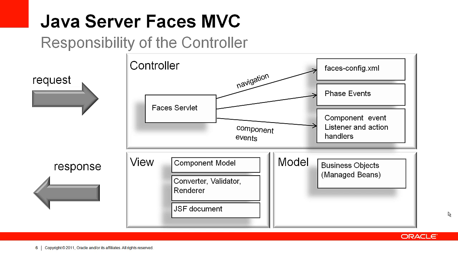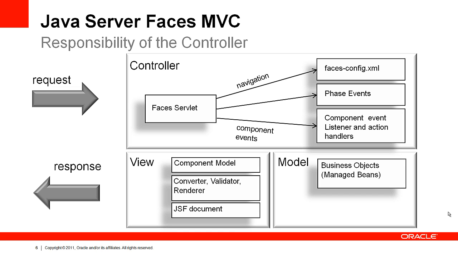So if, for instance, your application requires monitoring the different lifecycle phases, then you can have a phase listener defined in the Faces config that does that for you. But even these phases need to be initiated, and the lifecycle listener then needs to be notified. This is what the controller is handling. The controller also handles the component events. I mentioned the value change event, but there's also an action event on a command component.